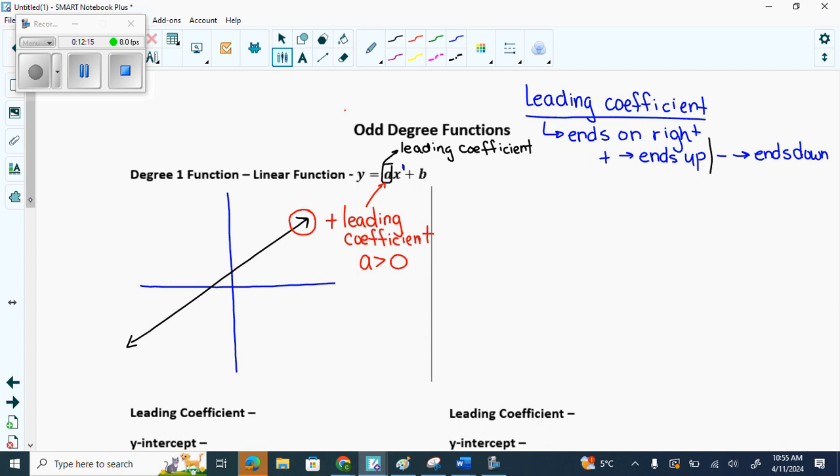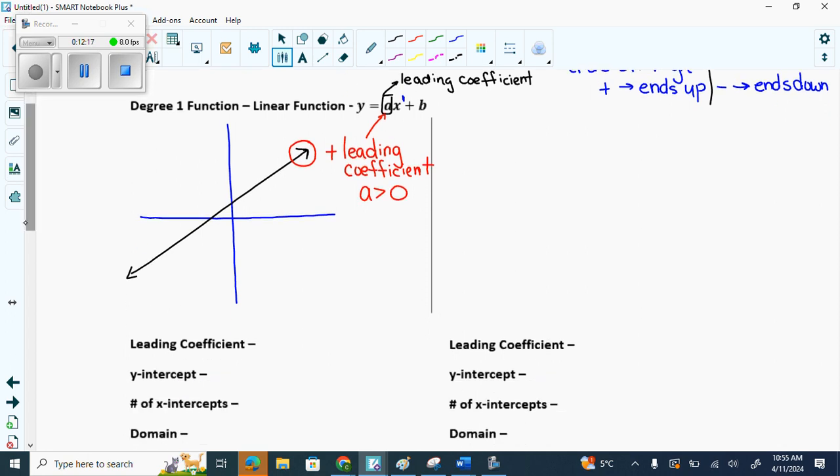So down here, it wants the leading coefficient. I'm going to say A is greater than 0. Okay? Not dealing with any of the rest of the stuff right now.